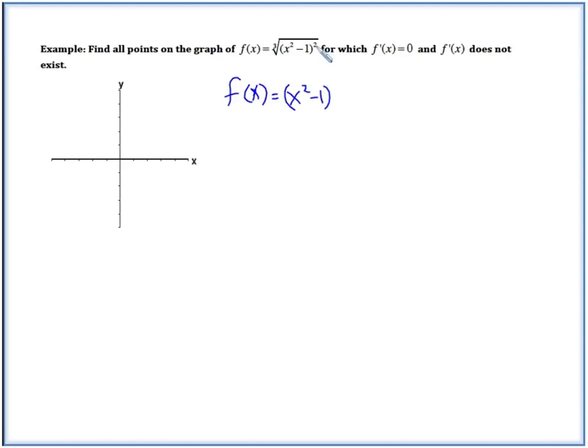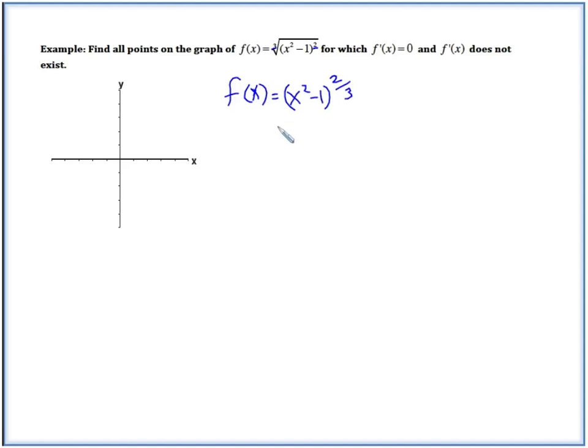Okay, so looking at this, if we have the cube root of something squared, this is the same as being to the 2/3. So again, this power right here stays here, and then this 3 on the outside is the denominator here. So we see 2/3.